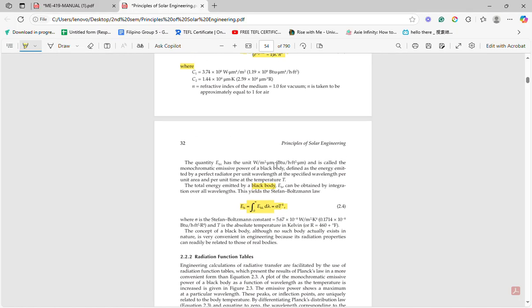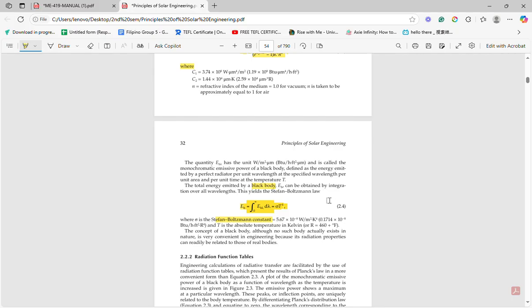So of course, this is just the same formula as our heat transfer through radiation, which is the Stefan-Boltzmann constant and the temperature to the fourth power. The emissivity factor on a black body is just equal to one.